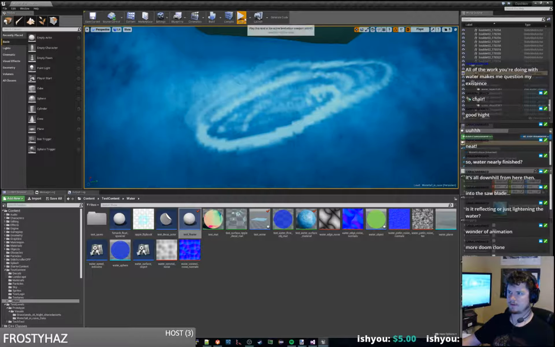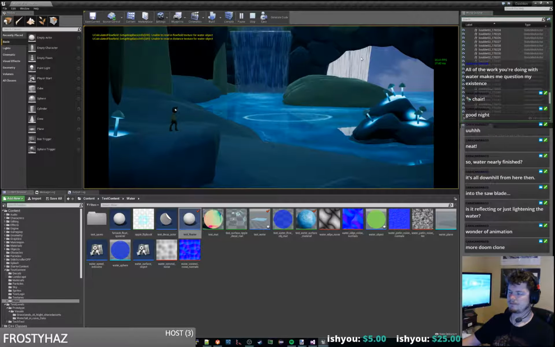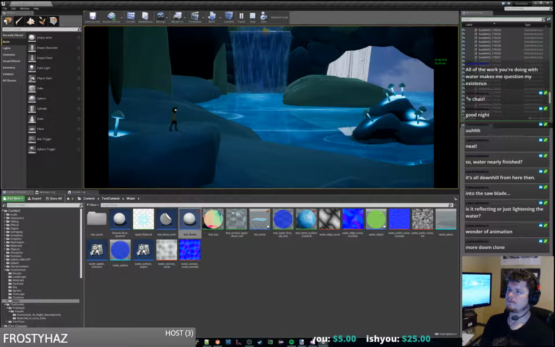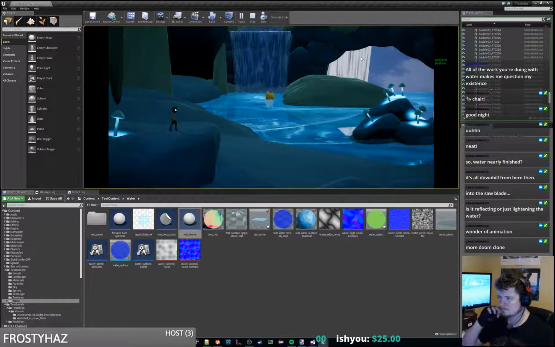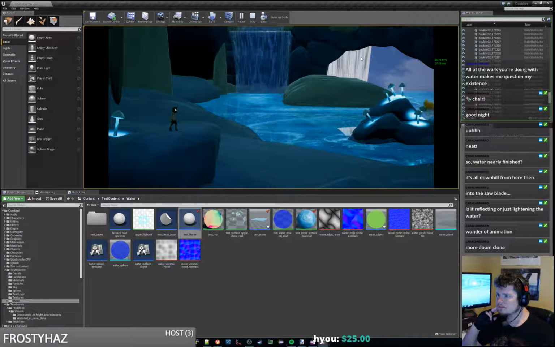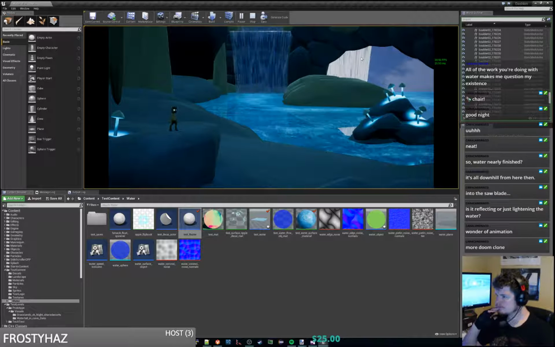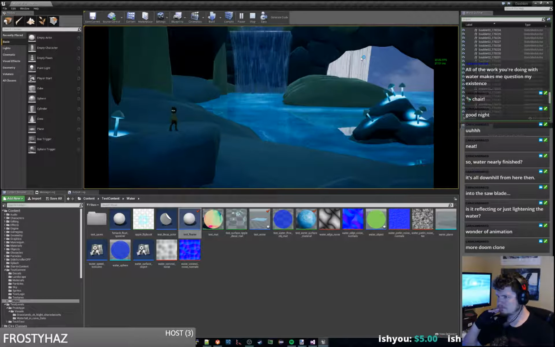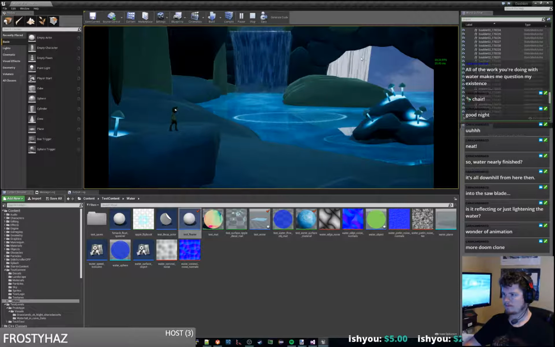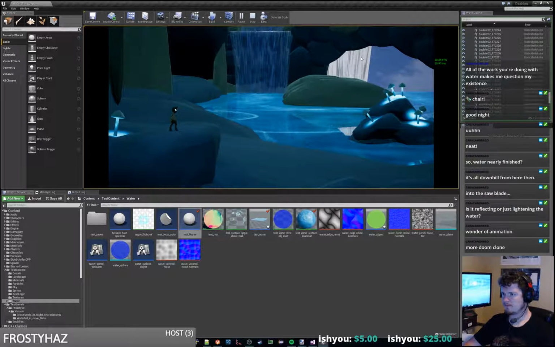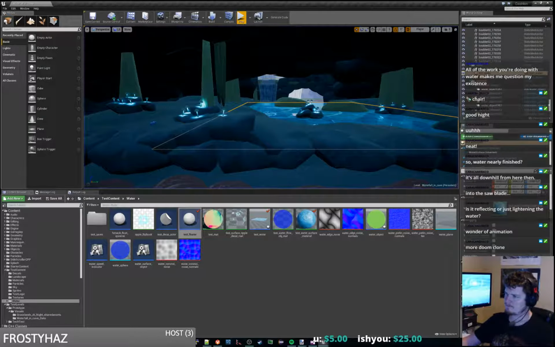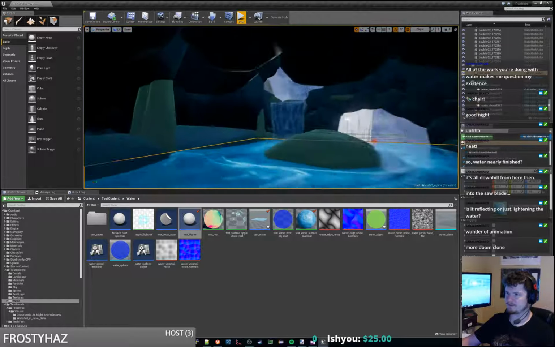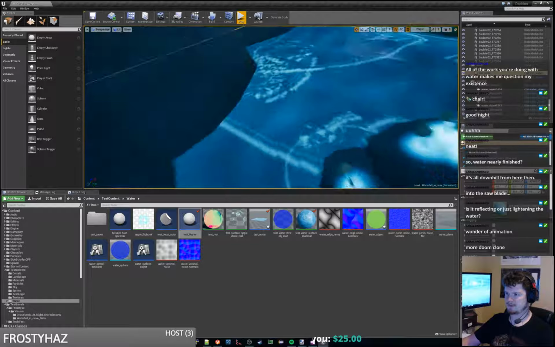That's what those ripples look like. Alright, so do we need anything else here for this to make it not be trash somehow?